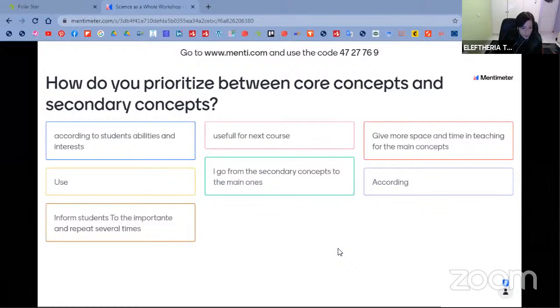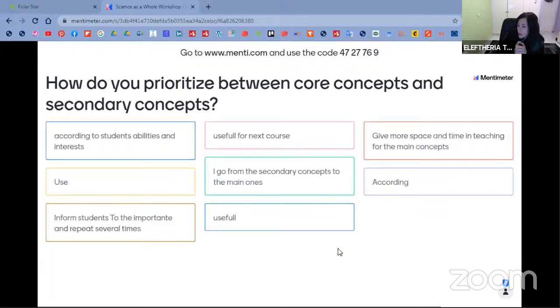Okay, so you have shared a couple of strategies. You talk about highlighting the importance of the core concepts. I assume you mean mostly orally, and as you also say, by repeating several times. By giving more time to these core concepts, also very, very important.